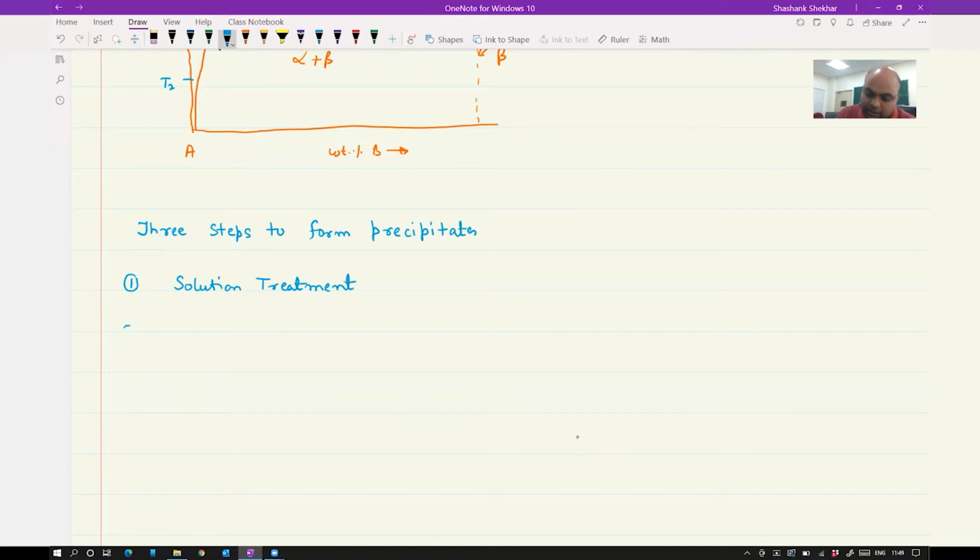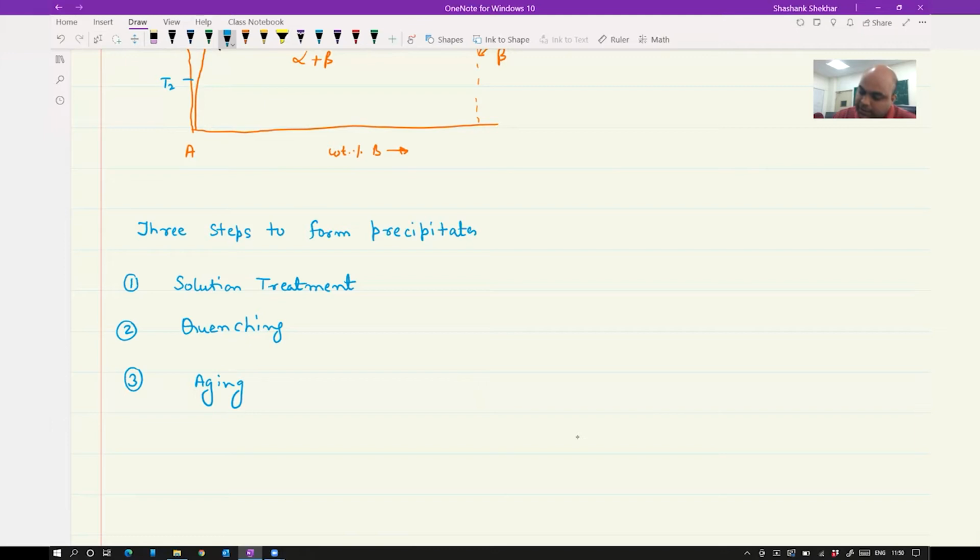The second is called quenching. And the third is aging. So these are the three steps you have to follow to obtain precipitates in aluminum alloys.